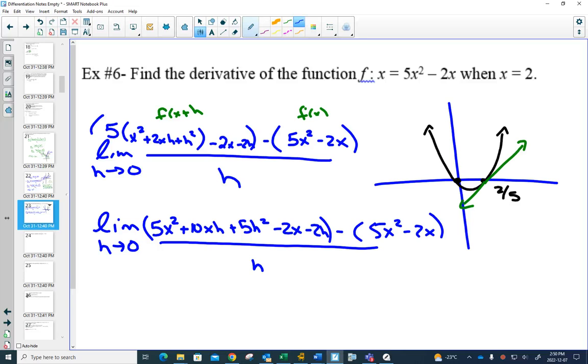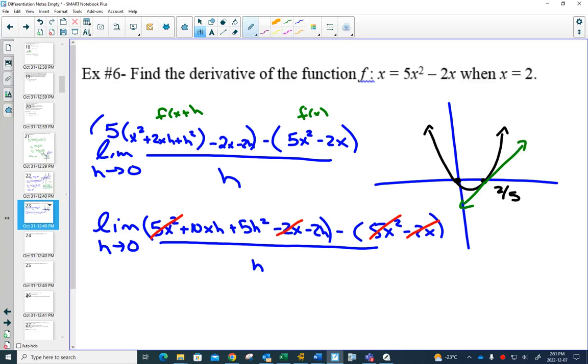So what's the frustration with this method is just the x plus h part takes some time to simplify. But if you plug it in, nice things start to happen. Can you see that when you subtract, this 5x squared will cancel out with that 5x squared. This minus 2x would cancel out with that minus 2x.